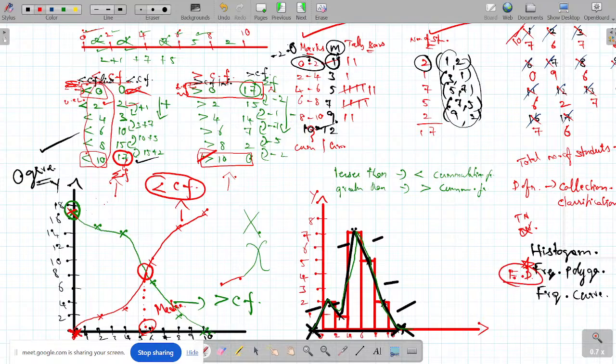Then only you can find the frequency polygon. So my graph will look somewhat haphazard. For histogram, not an issue because the bars will be of different shape. For histogram, it is not necessary to have equal or unequal widths. For frequency polygon, you should definitely have equal.